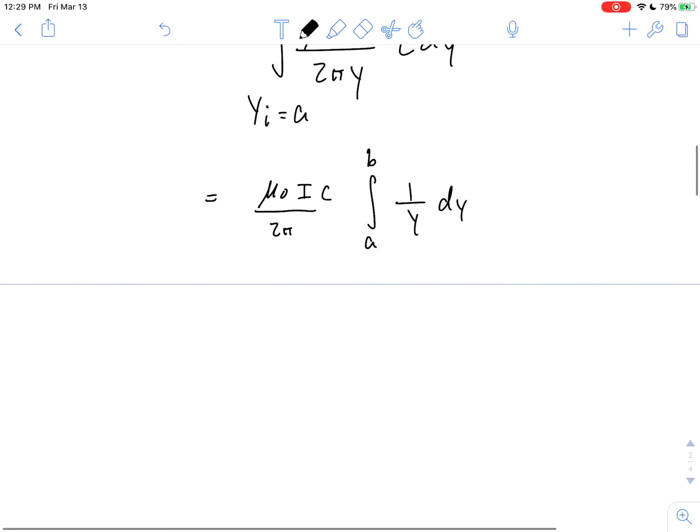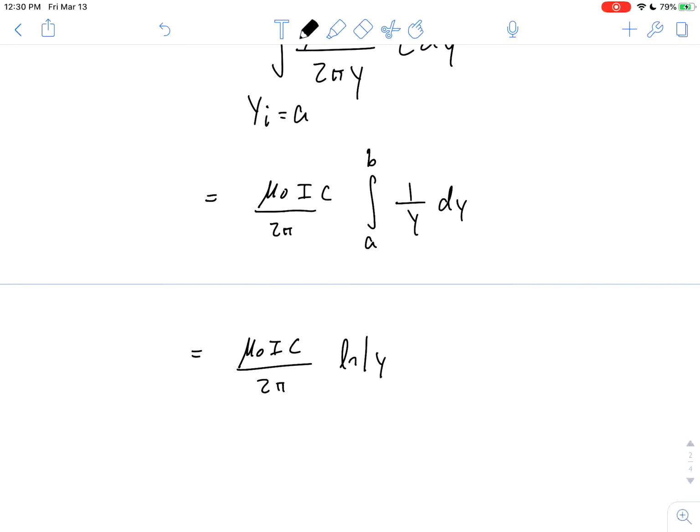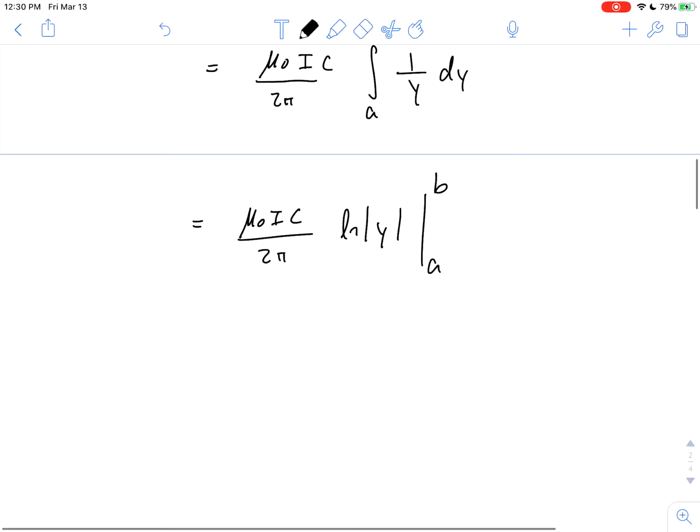And we can do that integral. That integral is equal to the natural log of absolute value of y. So that's going to be mu naught I c over 2 pi, and we're going to get natural log of y, evaluate that from a to b. The natural log of y is going to become natural log of a.